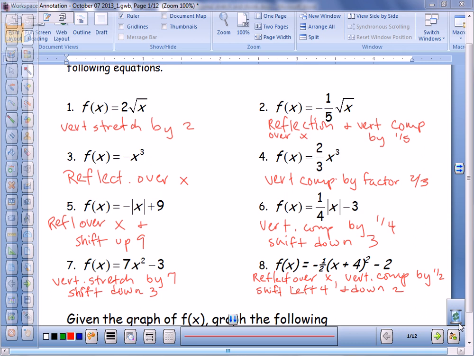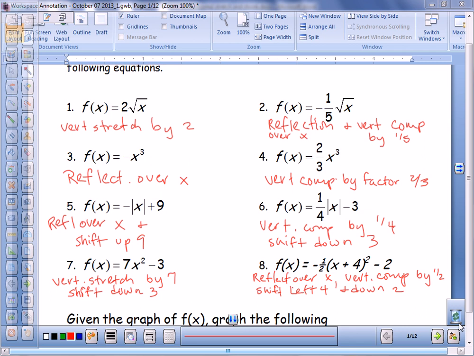All right. Okay, let's take a look, guys. I'm done checking homework now. Let's take a look. So, on Friday, the new thing I added was vertical stretches or compressions. So, if we had our parabola, and I'm forming a parabola with my hands right now. If I vertically stretch it, it pulls it this way and makes the parabola more narrow.